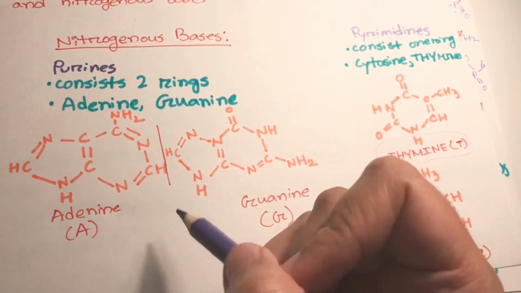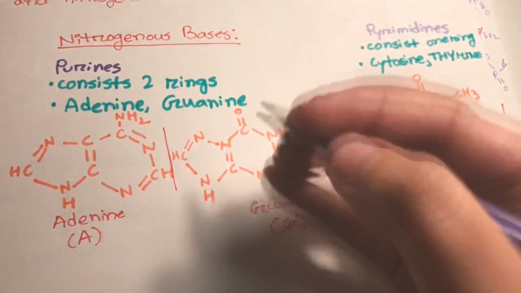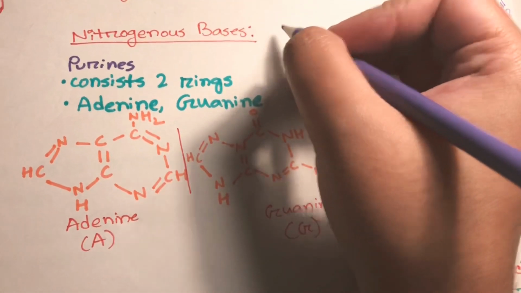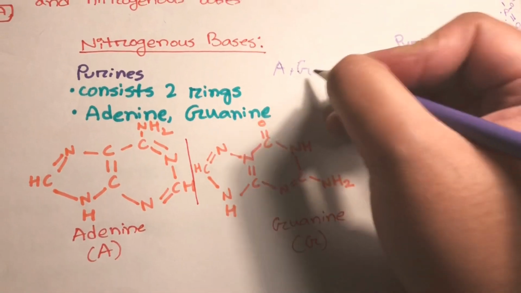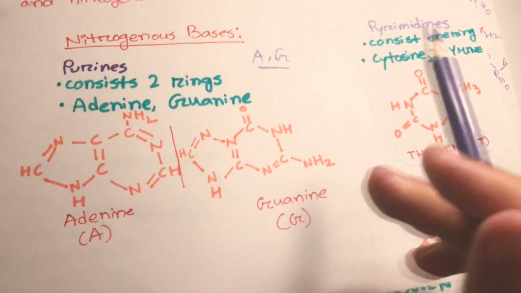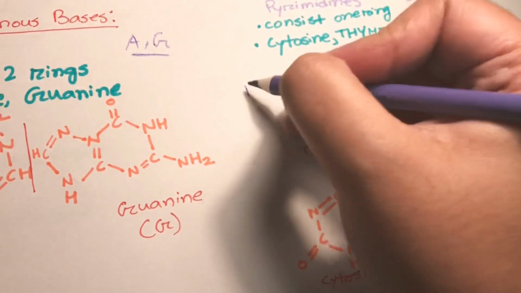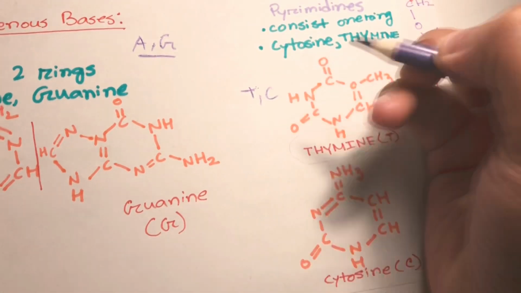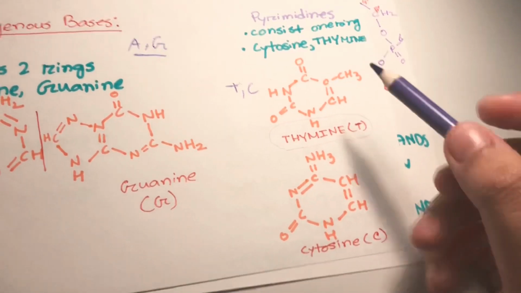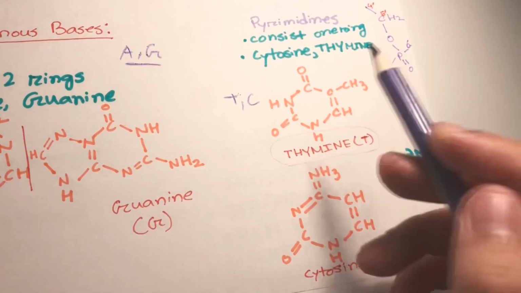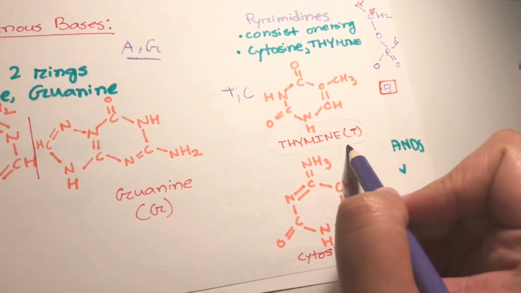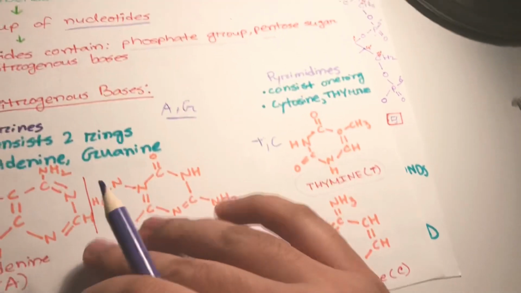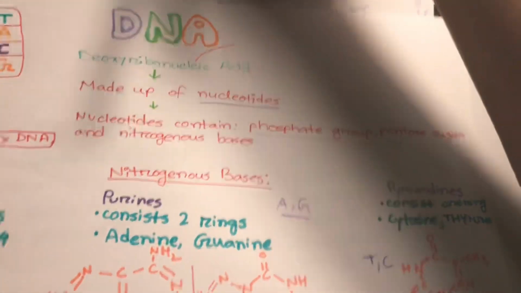The nitrogenous bases we have in our DNA are adenine and guanine from purines, and thymine and cytosine from pyrimidines. Here we have to remember one thing, that thymine is a pyrimidine which is only present in DNA.